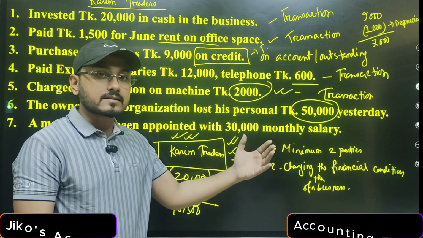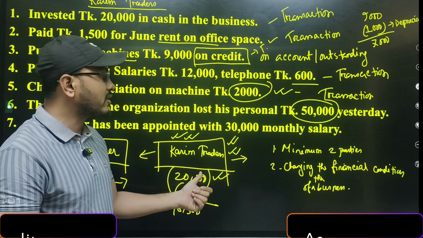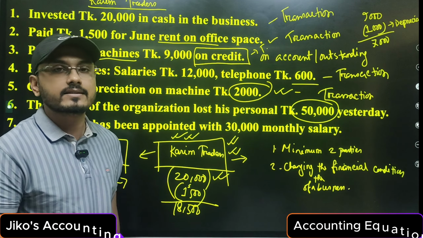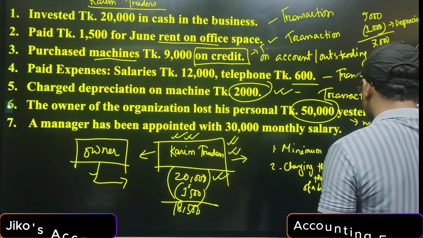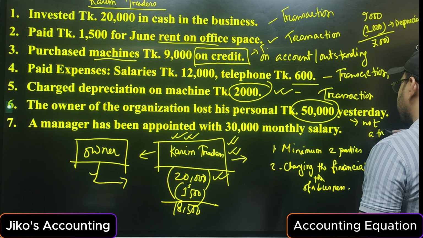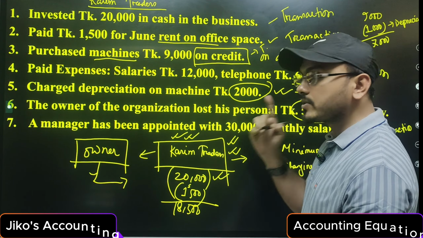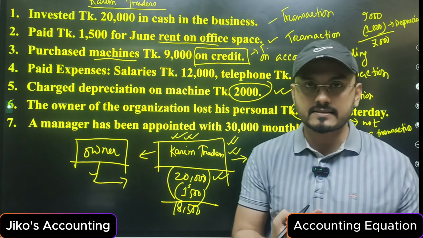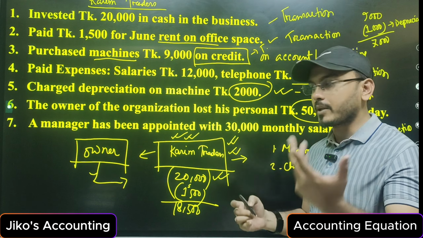There is no increase or decrease in the amount of the business that can be noticed. That's why it's not a transaction. Is it clear to you, sir? The first thing you have to get is what is a transaction and what is not a transaction. Then, inshallah, we are going to discuss everything one by one.